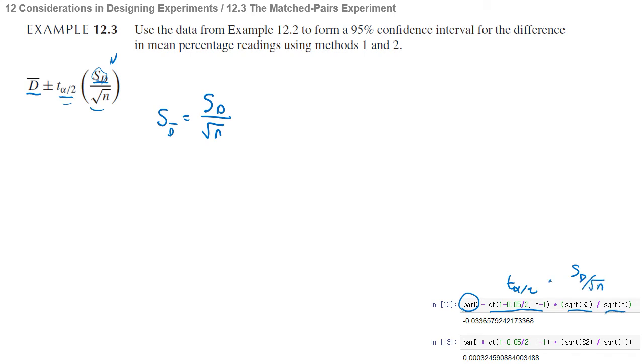So using this formula, we can calculate the confidence interval for the mean percentage reading using method 1 and 2. That is minus 0.0337, 0.0003. Okay.